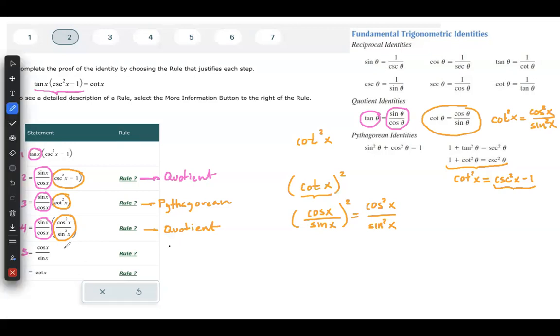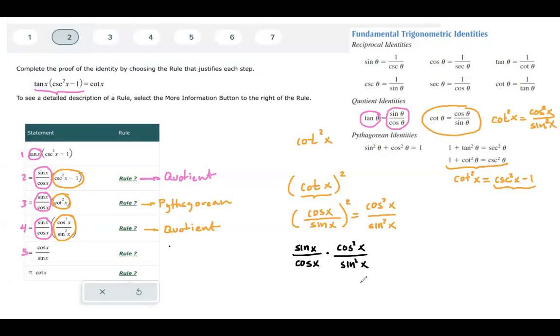You used to have sine of x over cosine of x. And then here I'm going to write it as cosine squared of x over sine squared of x. So it looks like we only have sine and cosine involved.